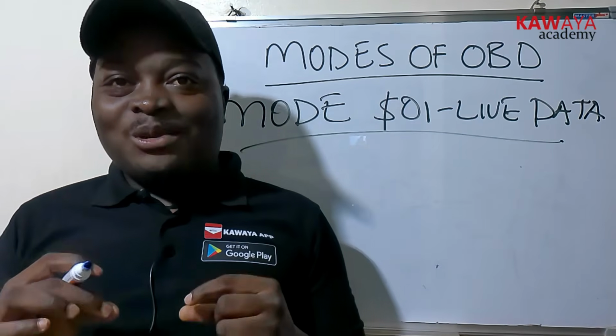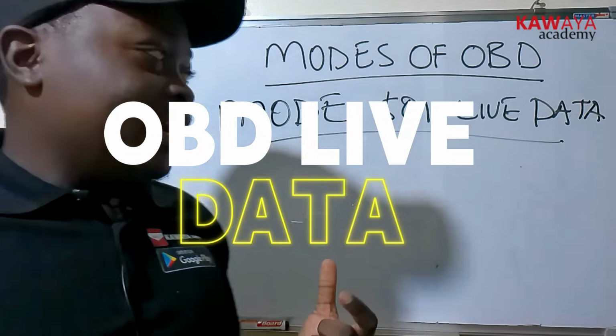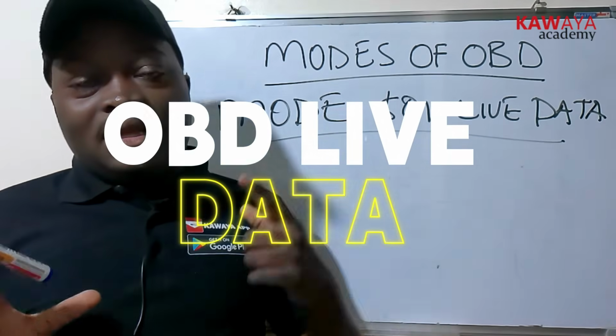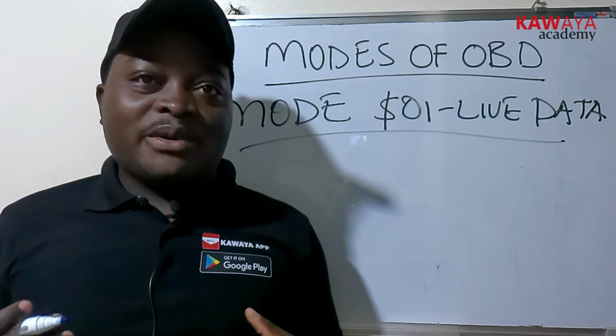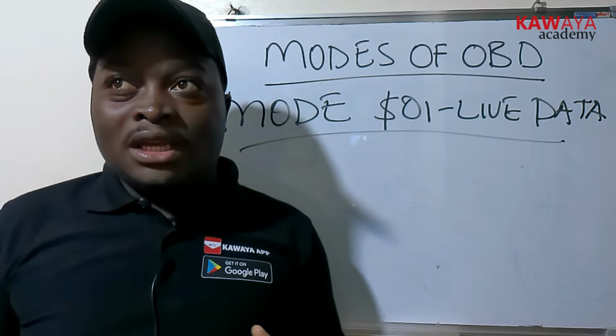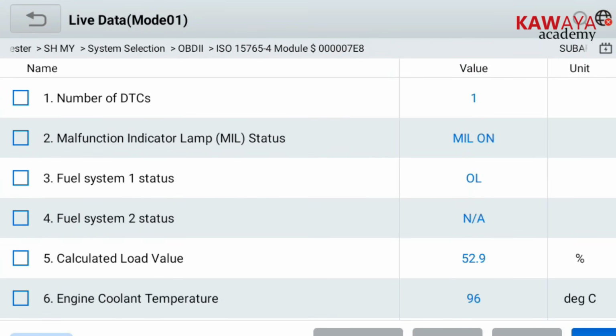So in mode 1, we are basically requesting the ECU to display for us the live data of the vehicle.